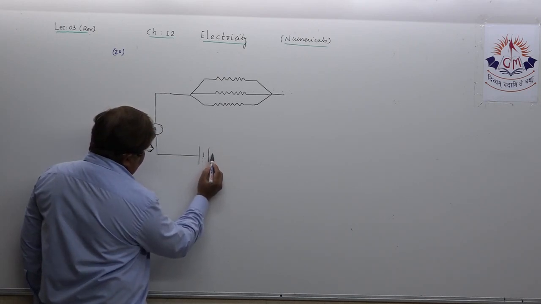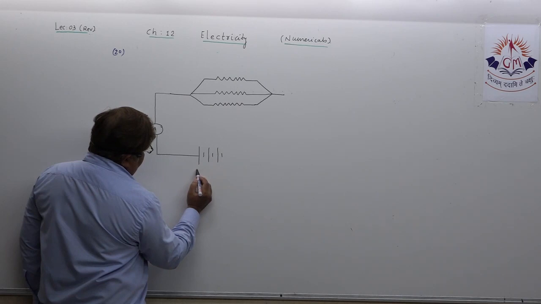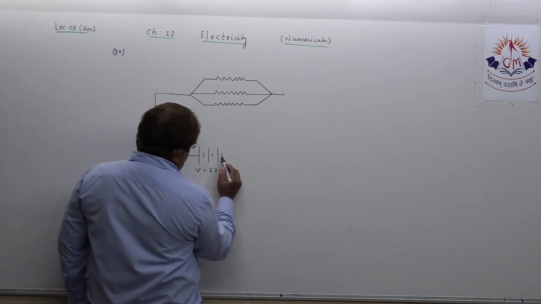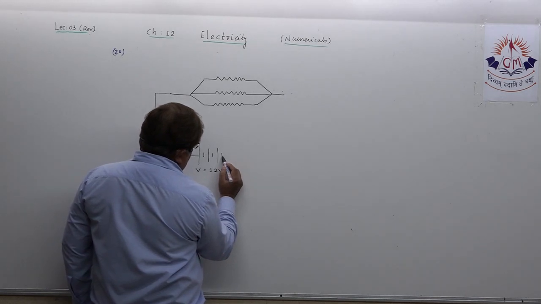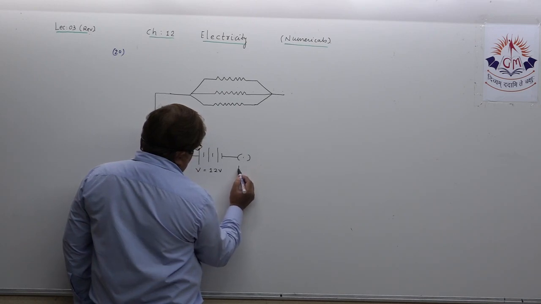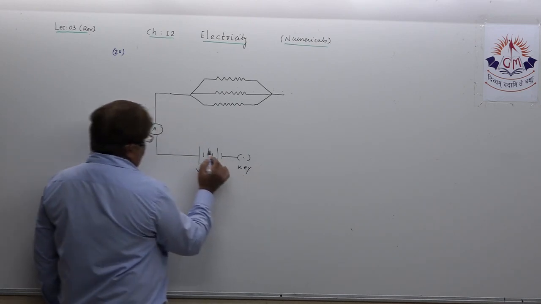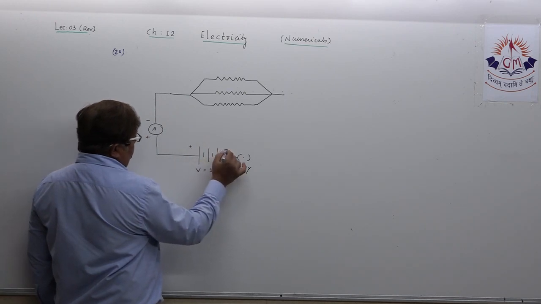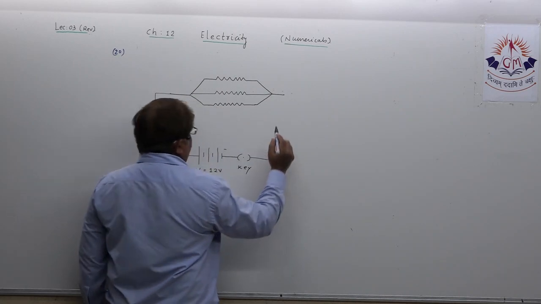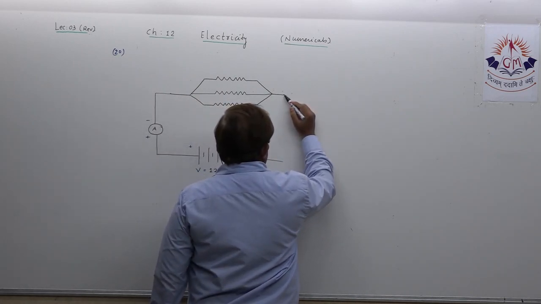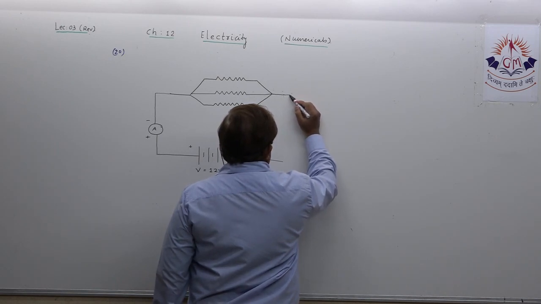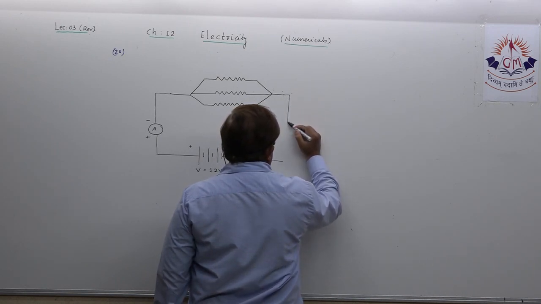At least 3 cells you should show for 12 volt. Then, as you know, the schematic diagram always contains a plug key. This is positive and negative. Then you just complete the circuit here. This way the circuit got completed.